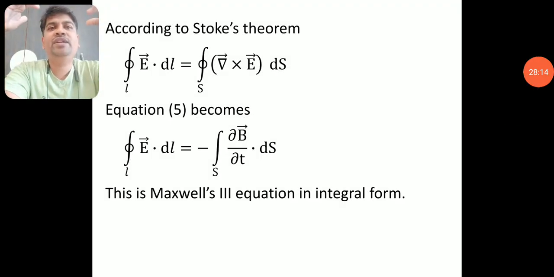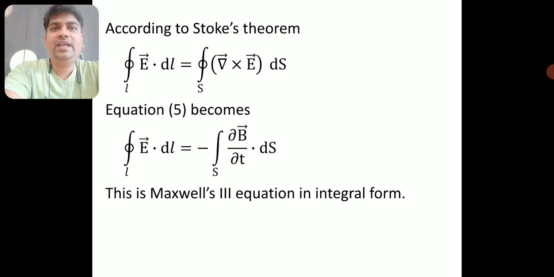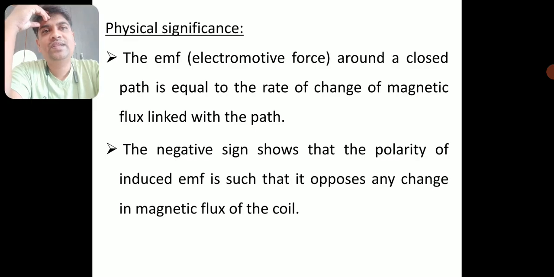So I have derived two important Maxwell's equations, and I have derived the integral form of Maxwell's equation as well. Now if I analyze the final equation, it says that the EMF around a closed path is equal to the rate of change of magnetic flux linked with the path.